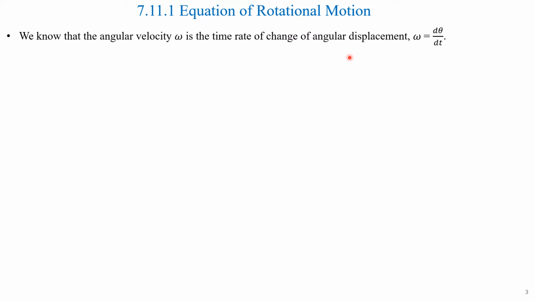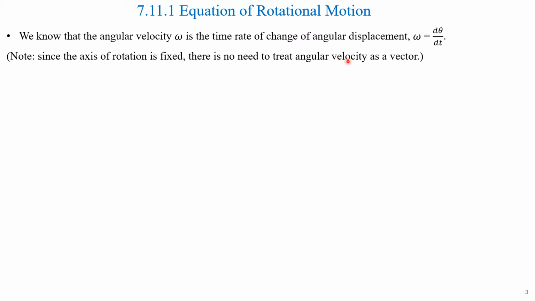Here, because the angular velocity is about rotation in a fixed axis, that is, the axis of rotation is fixed, we may or may not represent angular velocity as a vector.